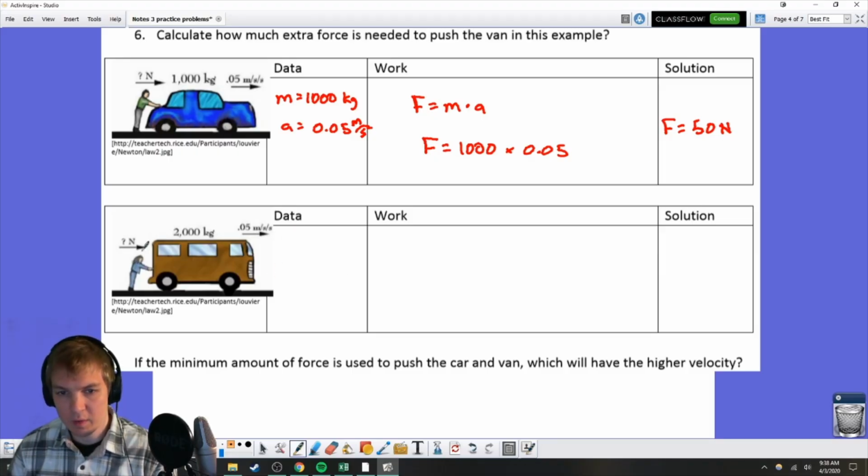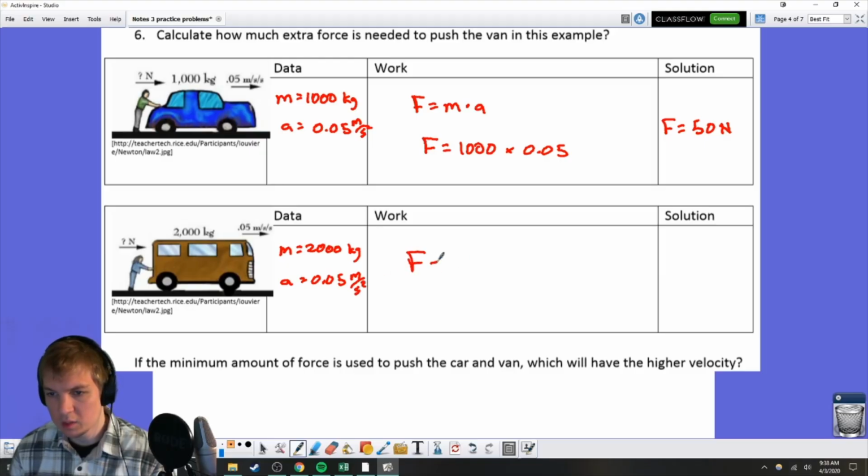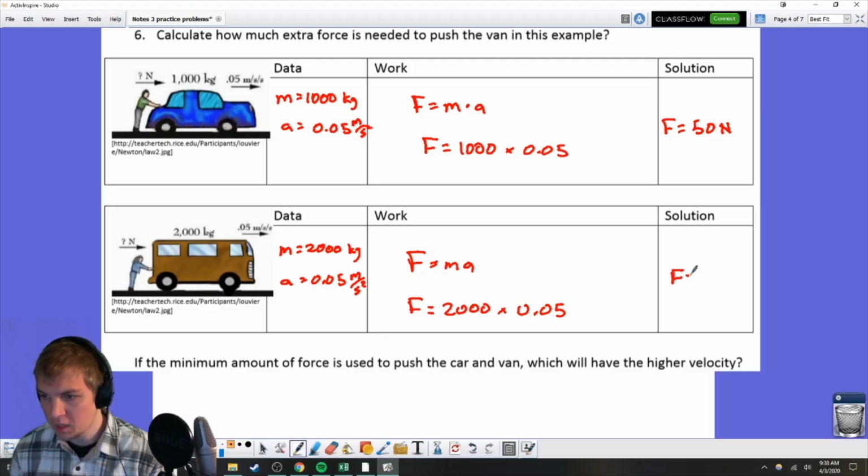If I put that into a calculator, I get a force that equals 50 newtons. But over here, the mass is 2,000 kilograms, and the acceleration is the same, 0.05 meters per second squared. So you do the same equation. F equals ma. F is equal to 2,000 times 0.05, and you get a force that equals 100 newtons.